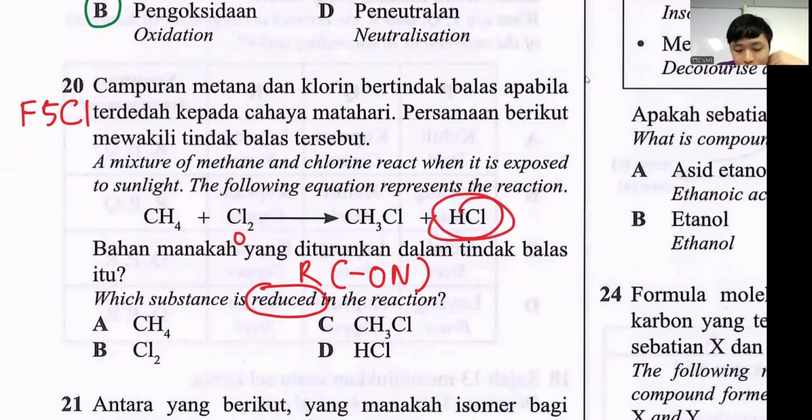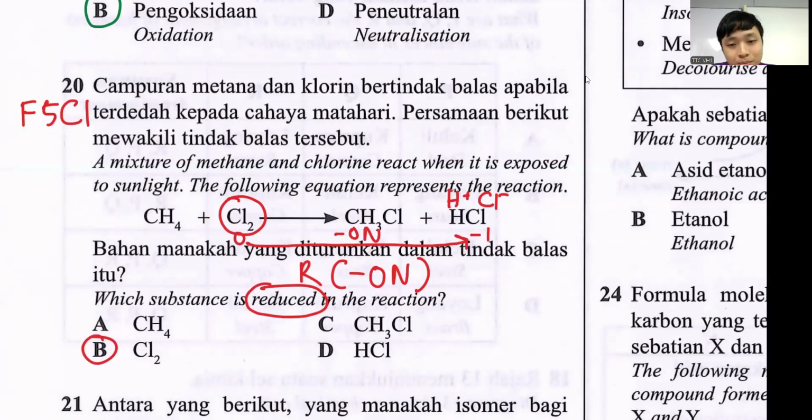Imagine this is H plus and Cl minus. Cl minus means negative 1. So 0 to negative 1. This is a decrease in oxidation number. So it means chlorine is the one that undergoes reduction, right? Others you don't even need to look at.